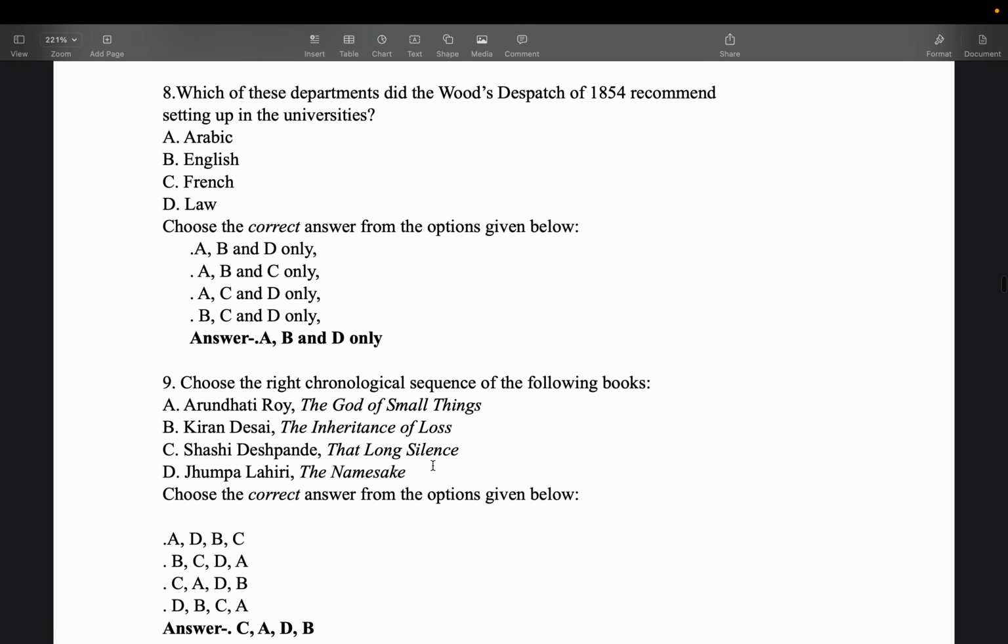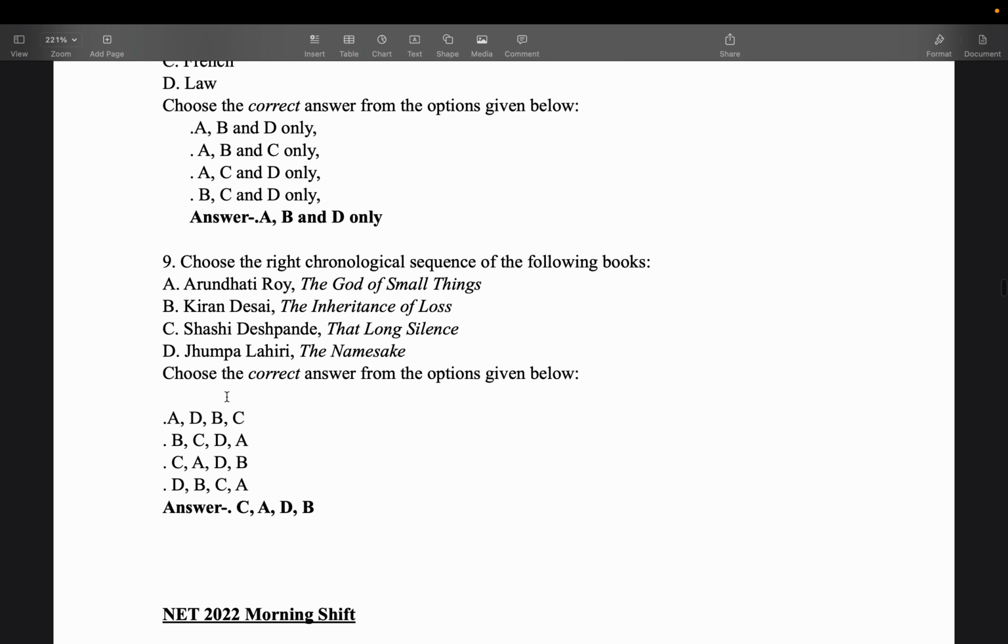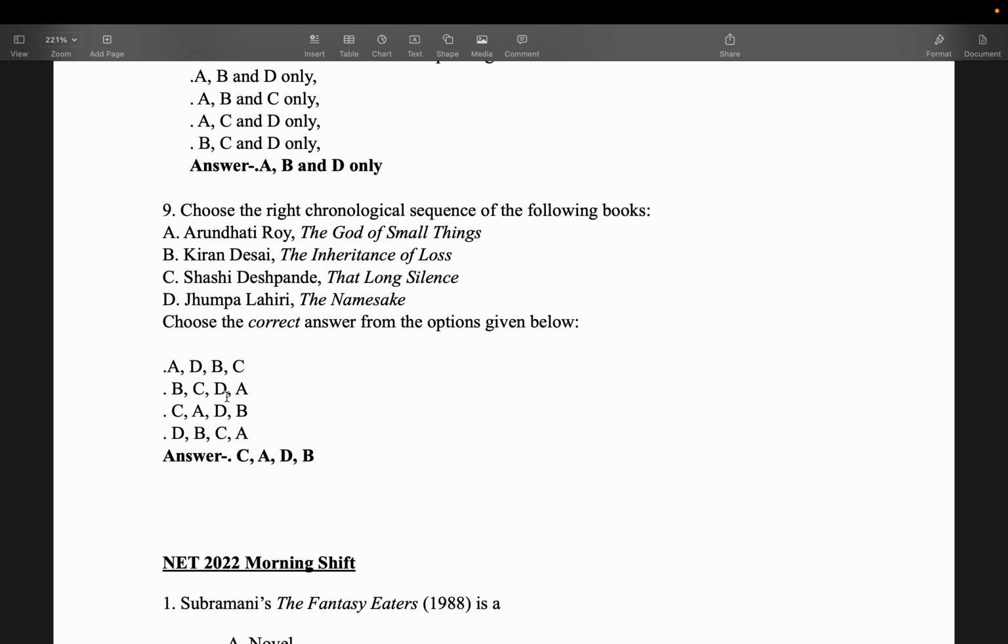Which of these departments did the Woods Dispatch of 1854 recommend? A, B and D. Arabic, English and law, it seems. Now, choose the right chronological sequence of the following books.